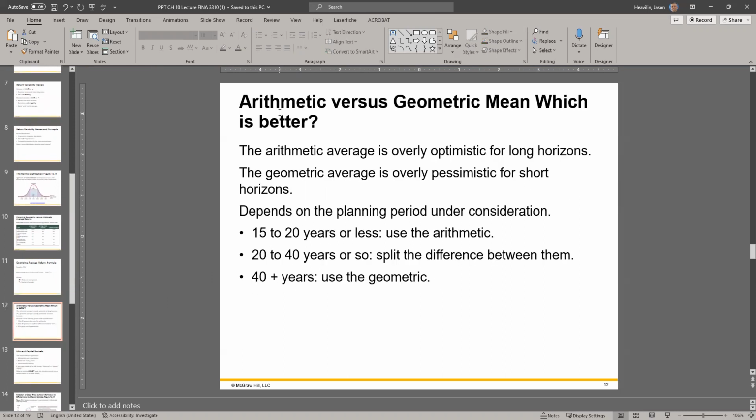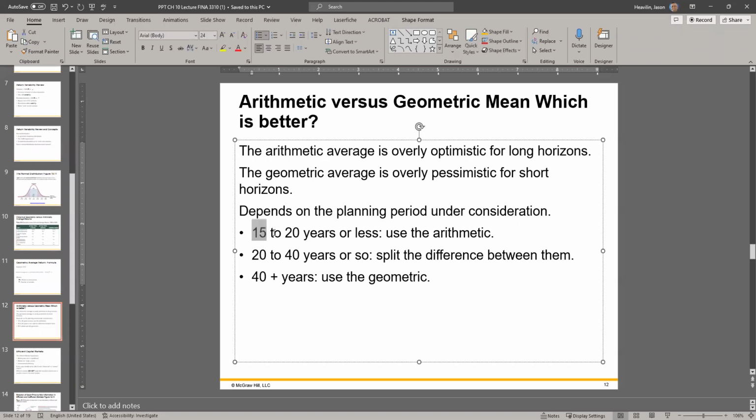So arithmetic return versus geometric mean, which one is better? Well, it depends. As you saw earlier, long term, one is more optimistic than the other. So this is a rule of thumb. It's not perfect, but it's kind of like a guide.